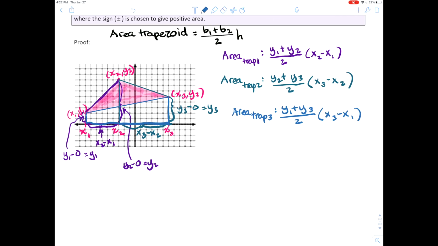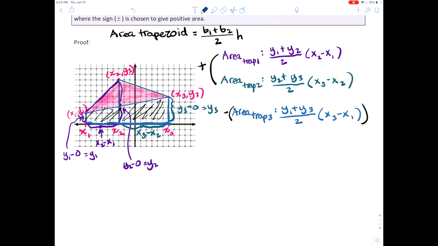Little bit of algebra. So we basically are going to need to add these two, and then from that we're going to be subtracting this one, okay? Because this was what was too much, right? That third one, that was too much area. So we're minusing that out.